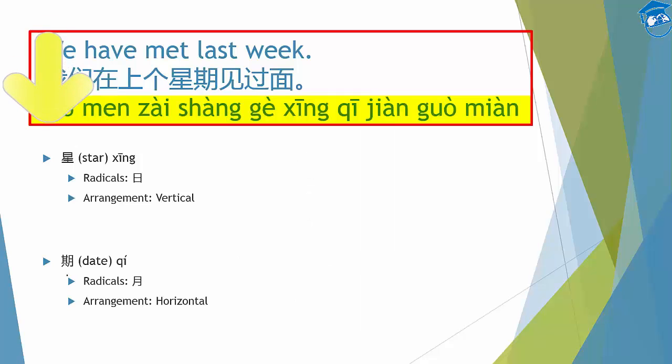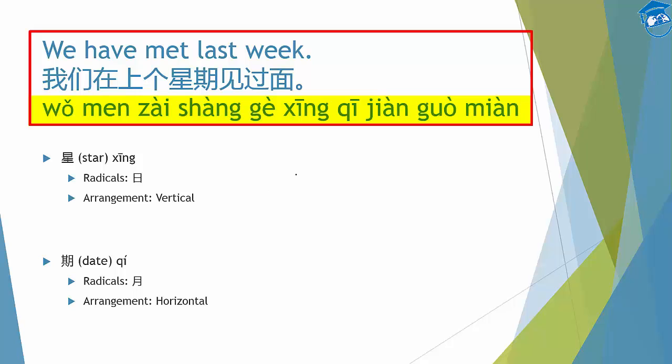And the next word is 期, which is generally used for date, but if it's just on its own, the pinyin is qī. But if you want to say week, it becomes 星期. The radical is what's on the right there, so the arrangement is horizontal with left and right component.